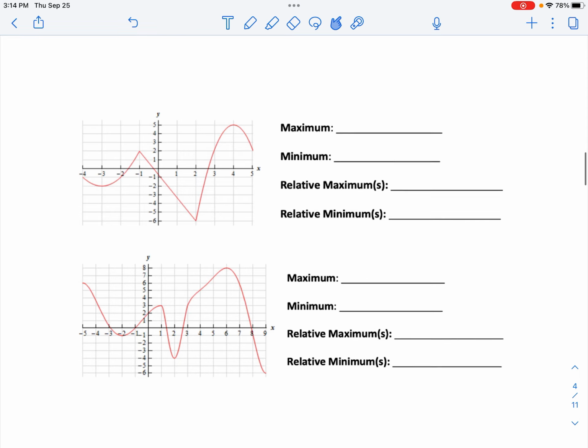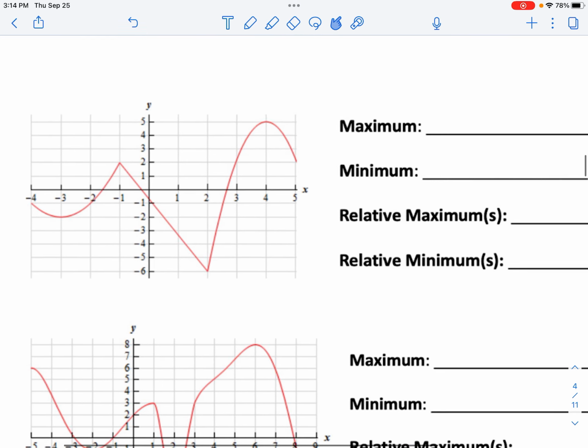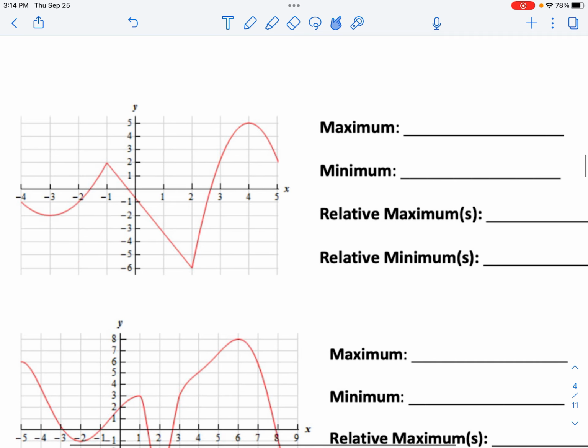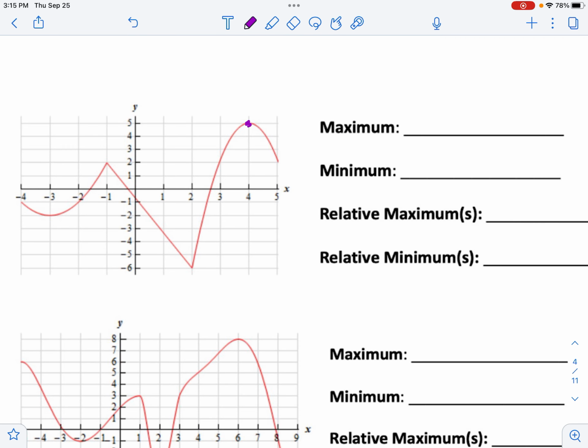Okay, so let's zoom in on this right here. What is our maximum, which would be our absolute maximum? In this particular point, let's do this in maybe purple here. That's this point right here. That's my absolute maximum, it appears.